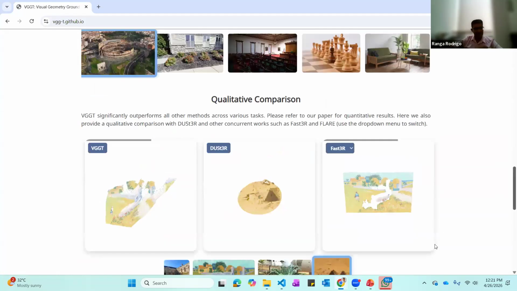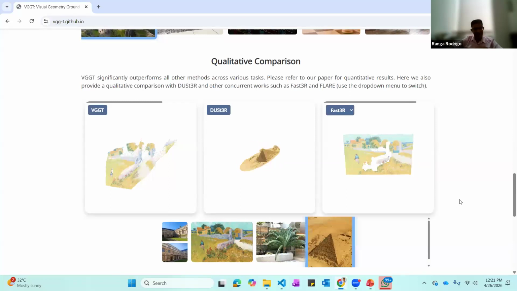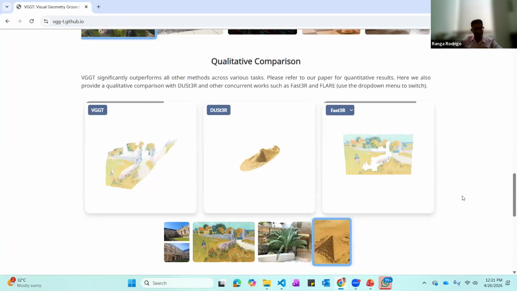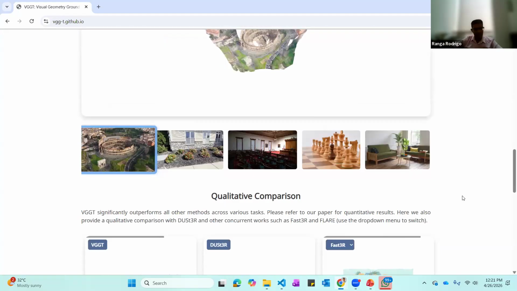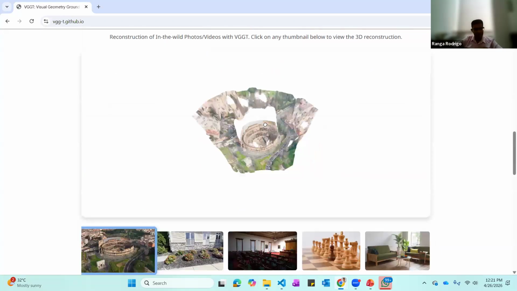This so-called Duster reconstruction. Using multiple images, you obtain the reconstruction. You can see when you have the reconstruction, you can rotate them and so on. That is the idea of that. So visualizations, you can see them. This is a Coliseum.